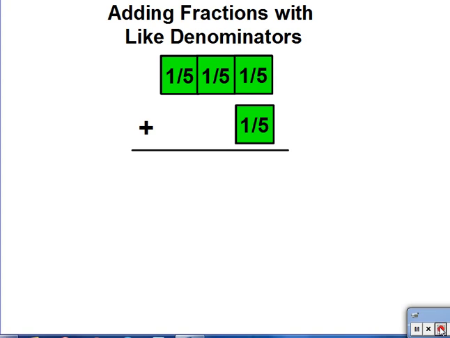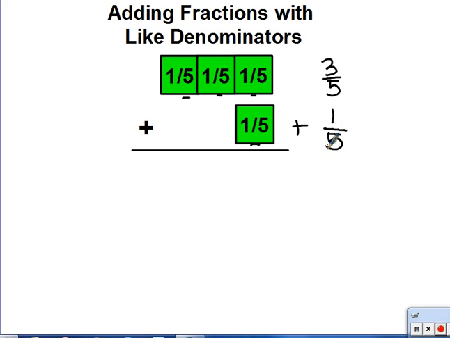Let's try to add fractions with like denominators using area models. Here we have each box representing 1/5. The top number shows us 3/5 plus 1/5 down here, 1.